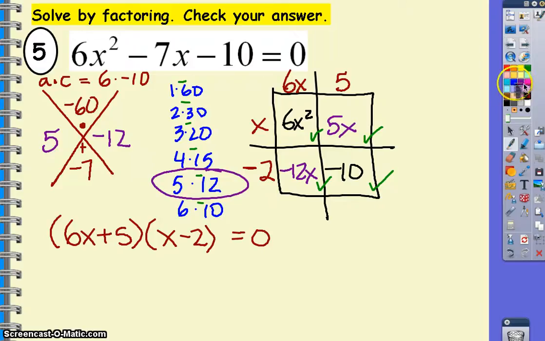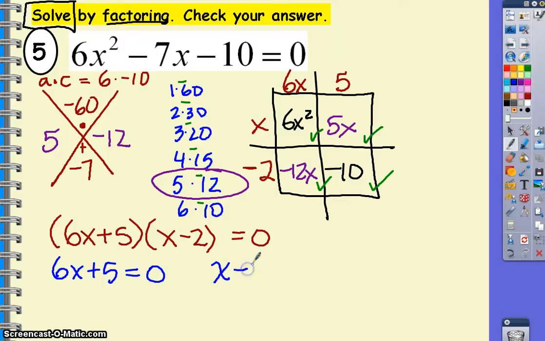And again, we factored beautifully, but we're trying to solve, so we still have to solve. We're going to apply the zero product property, which says that if we multiplied, one of the numbers has to be 0, since our result was. So 6x plus 5 is 0, or x minus 2 is 0. So we subtract on this one first, do a 0 pair, we get 6x equals negative 5.